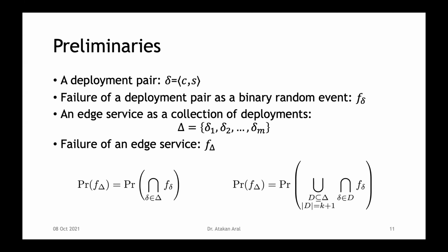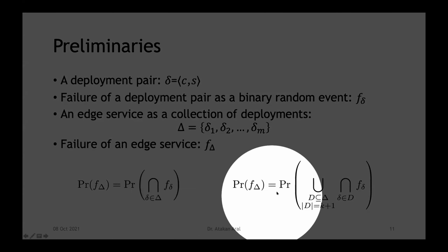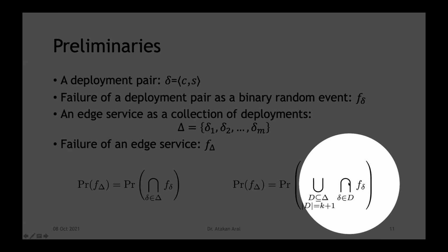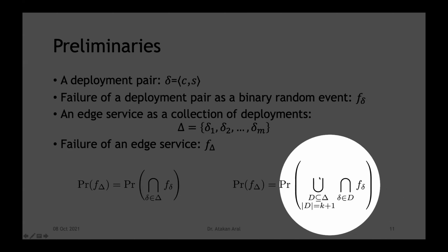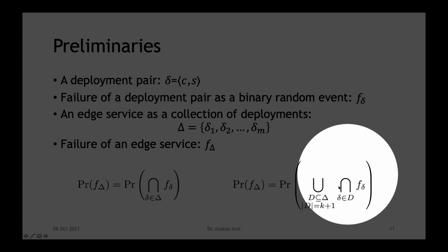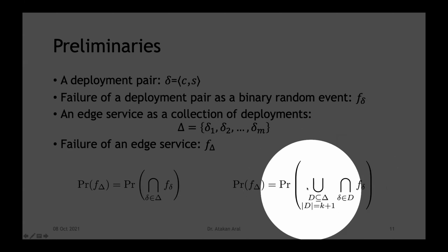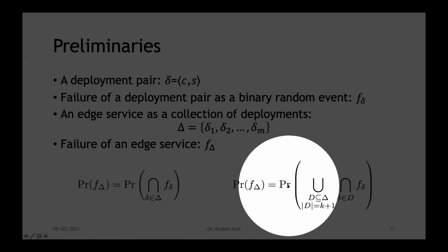K of the nodes or servers can fail, and your system can still tolerate this, and we assume it is still available. In this case, you have to compute the subsets of your deployments of size K plus 1, because you need at least K plus 1 servers to be active. You take the intersection of their failure variables, and then you take the union of all subsets, and then you calculate this probability.